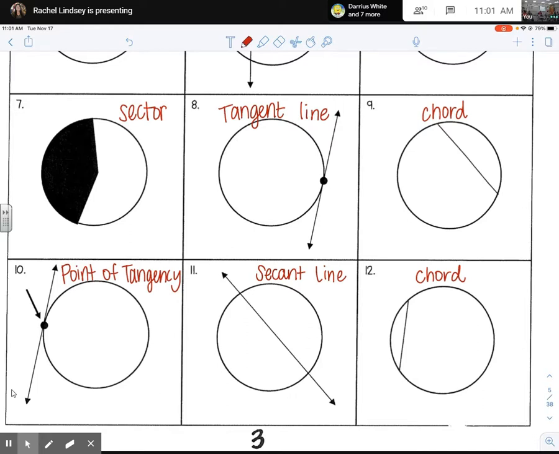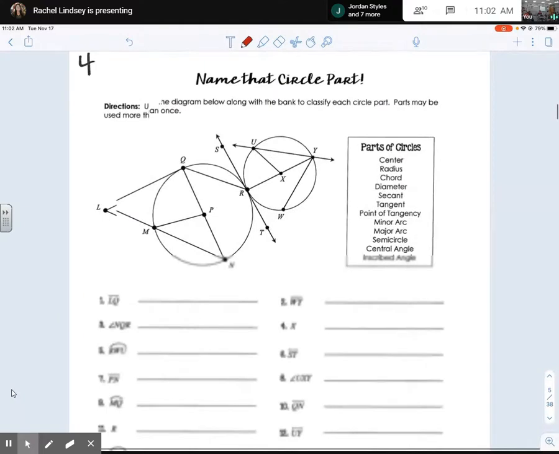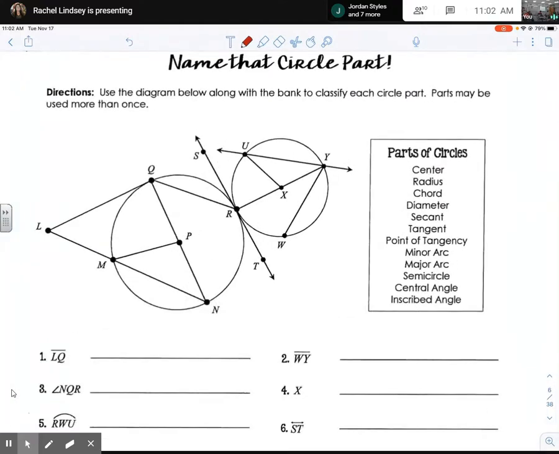So, on that next page, on page 4, you're actually given some things, and you have to tell me what they are in that circle. Looking at that first one, I'm going to go through and highlight them as we talk about them.